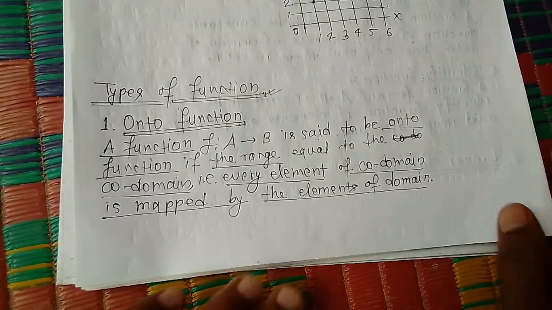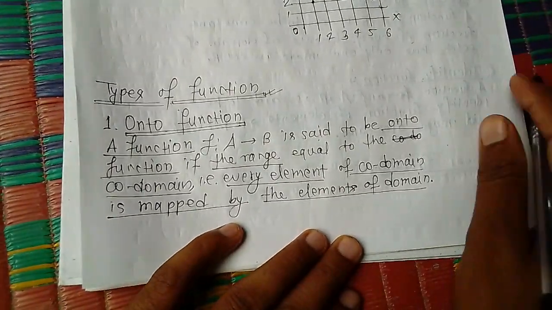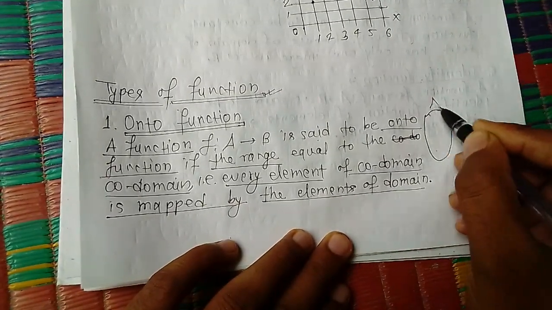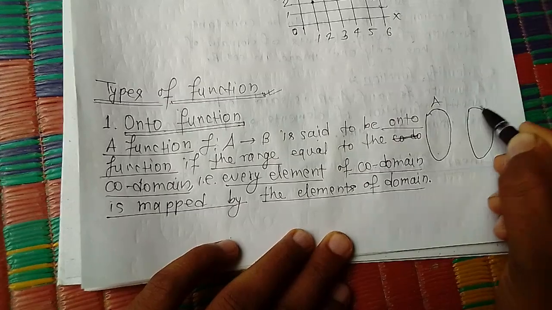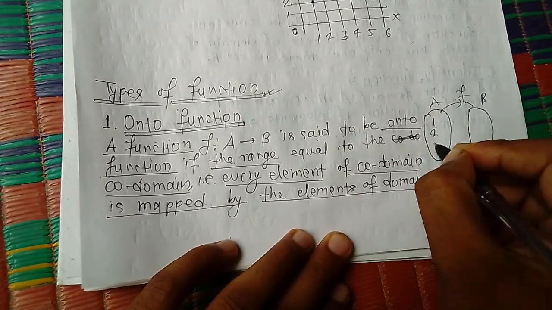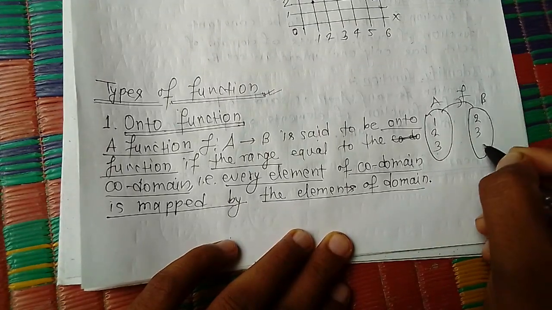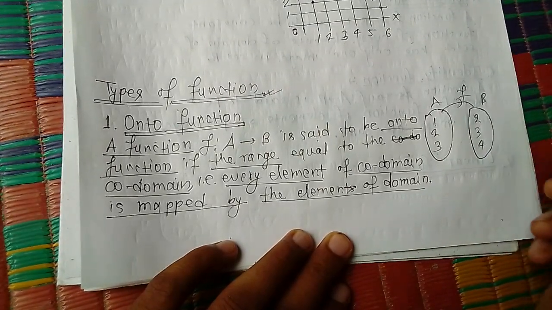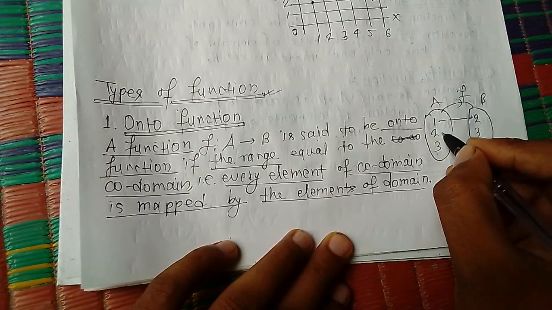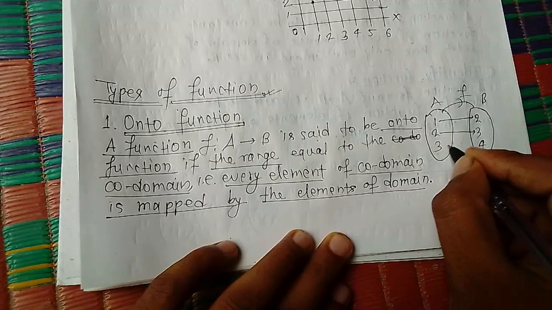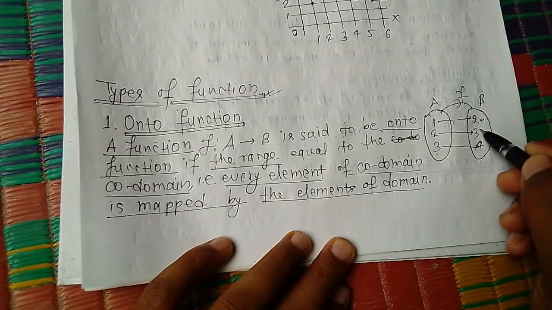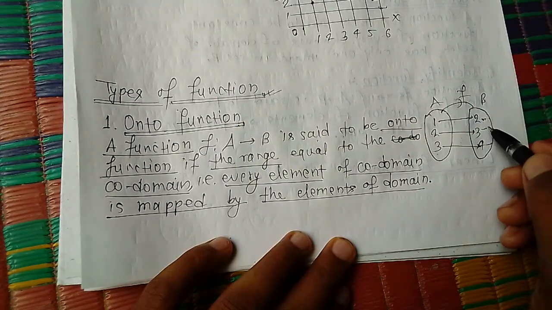It means here is A and here is B, and in this function 1, 2, 3 map to 2, 3, 4. 1 is mapped with 2, 2 is mapped with 3, and 3 is mapped with 4, so no element should be left unmapped.